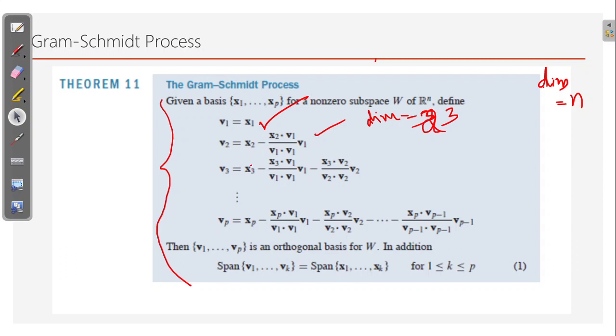Now this can be extended to any subspace W of Rn. So the formula is like this.